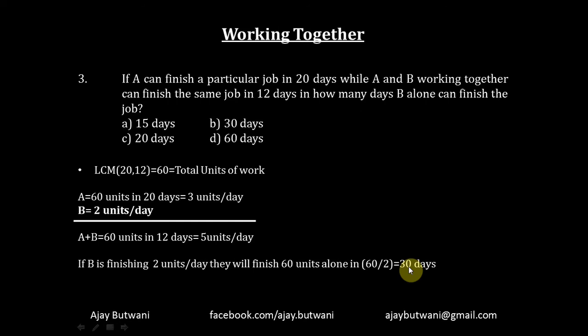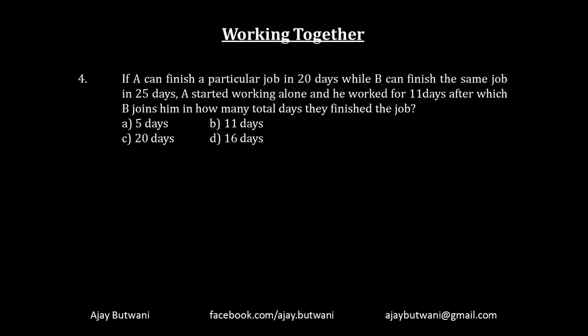Okay, let us see some more questions. Let us raise the bar of the question a bit. The question is saying, if A can finish a particular job in 20 days, B can finish the same job in 25 days. A started working alone and he worked for 11 days, after which B joins him.